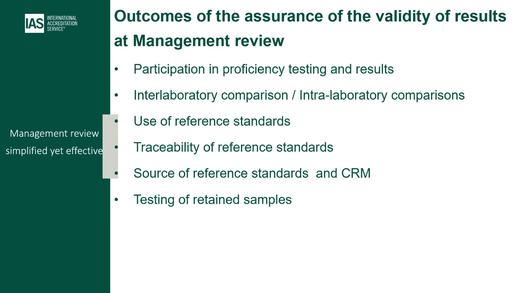But participating in organized proficiency testing, that is, with proficiency testing providers that are accredited, would actually give you a lot of traceability. Okay, and that's important. So participation in PT and having that discussed at management review is another important thing. Next slide, please.